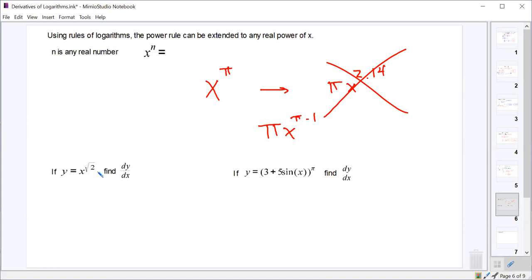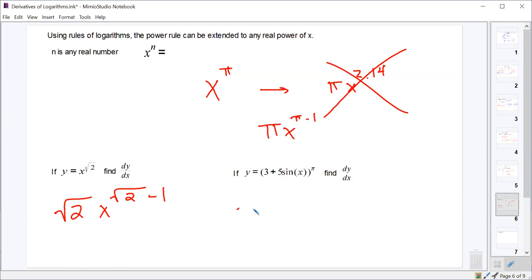So what should the derivative of x to the root 2 be? Root 2 times x to the root 2 minus 1. Exactly. Everybody good with that? And what about this other one? This one we would have to use the chain rule.